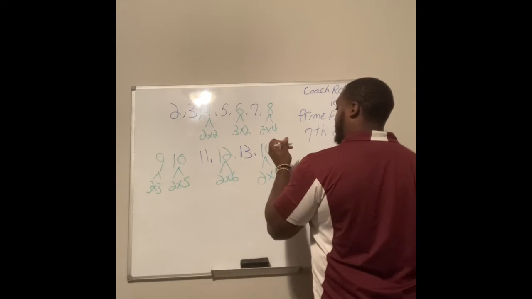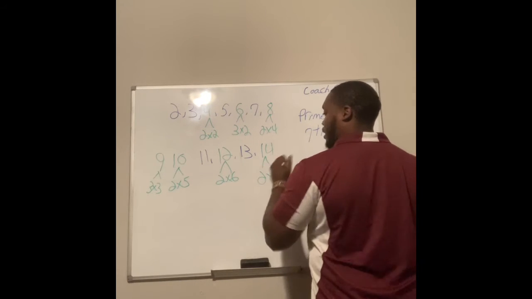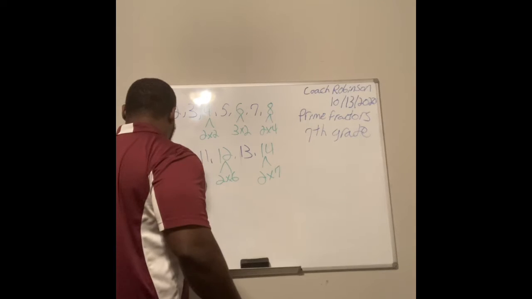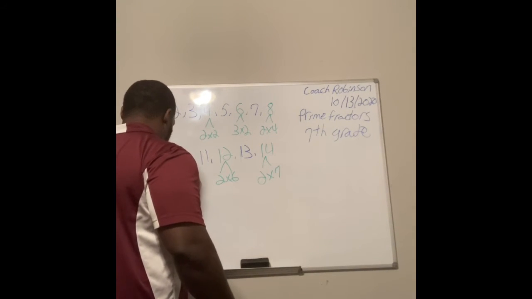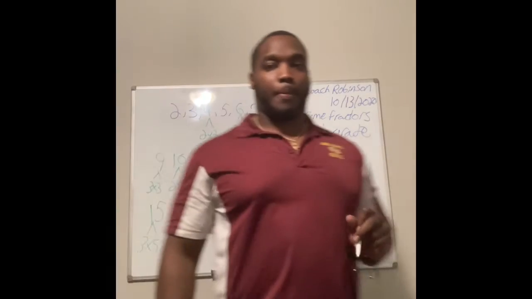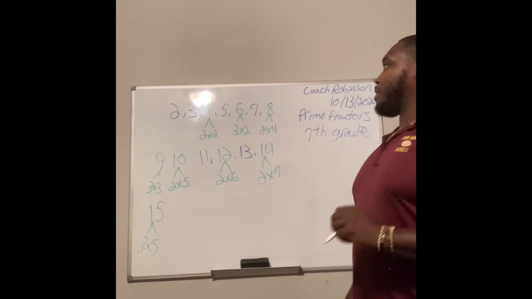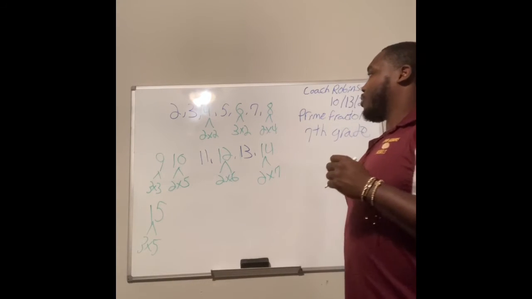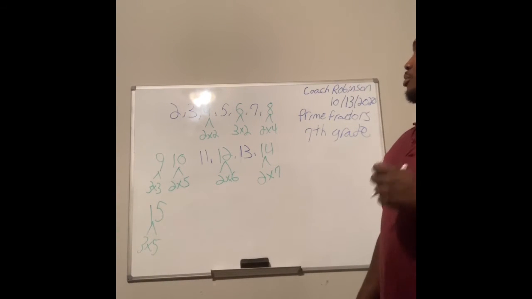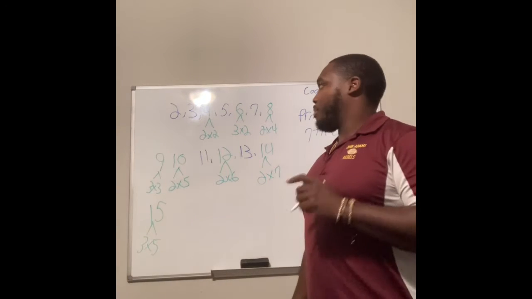And the number 15 is a composite number as well, with the factors being 3 times 5. Okay? Y'all see that? So those are the prime and composite numbers from 1 through 15, with the prime numbers being in blue and the composite numbers.